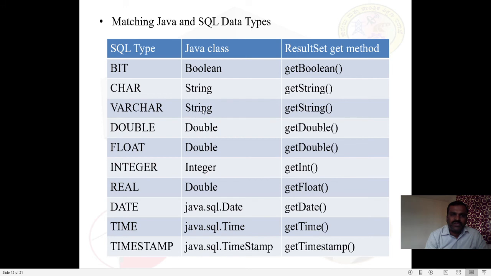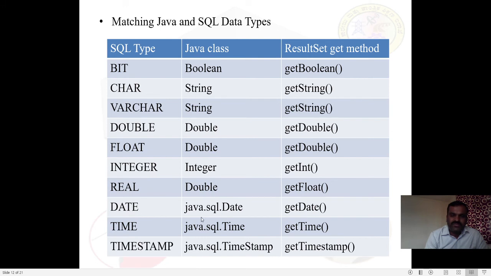Varchar, String, getString. Double, double, getDouble. Float, double, getDouble. Integer, int, getInt. Real, float, getFloat.